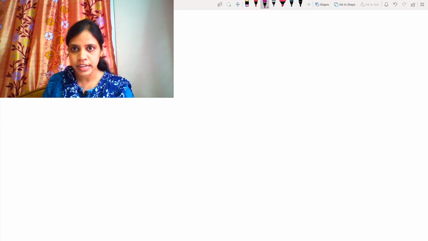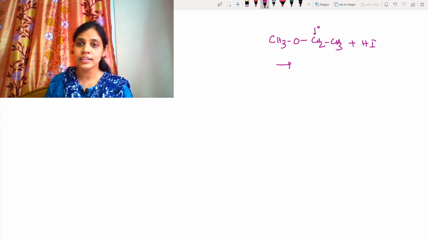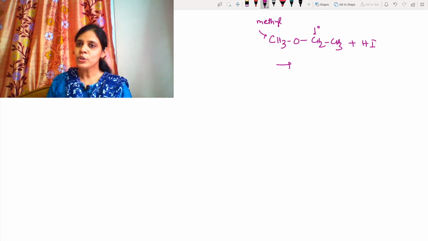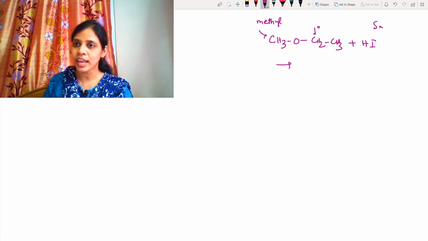Suppose this is the reaction, CH3OCH2CH3. When it reacts with HI, what happens? Now here, on both sides of the ether linkage, one side is primary and the other is a methyl group. You know, when a primary alkyl group is attached to the ether linkage, it follows the SN2 path.